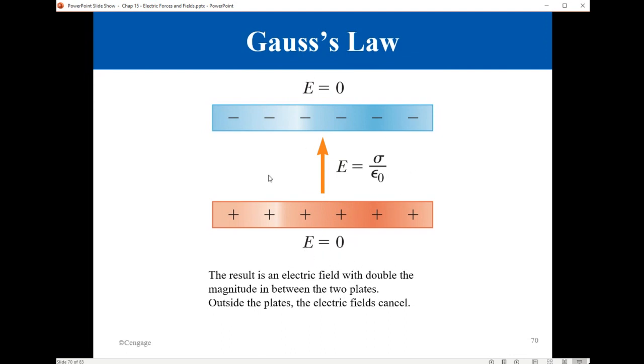So outside the region between these two plates, the field is 0. Inside, it is sigma divided by epsilon naught. This is called a capacitor. We will learn about it in more detail in coming chapters. So inside the capacitor, there is a value for the electric field. Outside the capacitor, the field is 0.